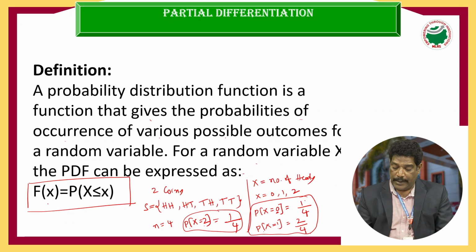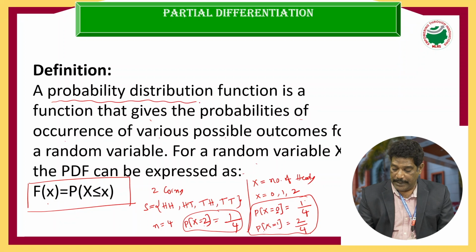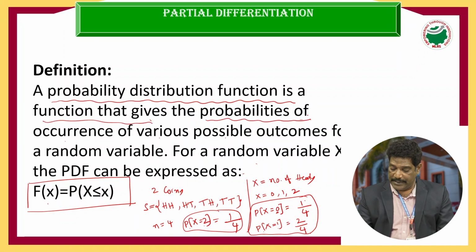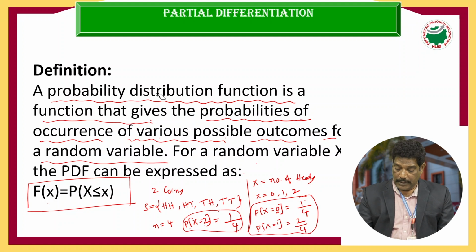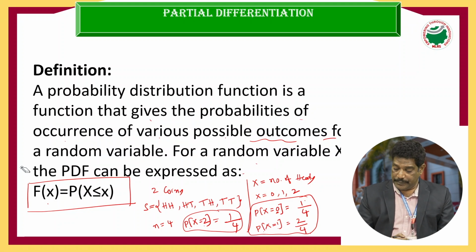Distributing like this is called a probability distribution function, a function that gives the probabilities of occurrence of various possible outcomes for a random variable. This way we define the probability distribution function.